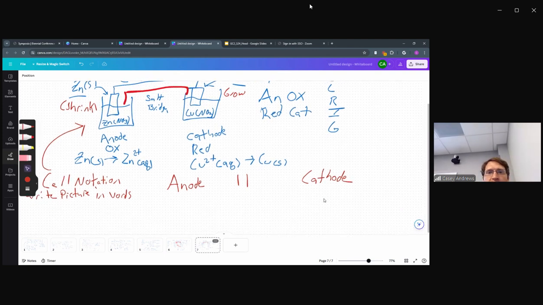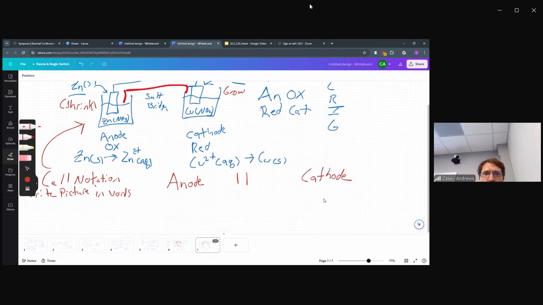So let me write this down based on our picture. We start with zinc solid. Our notation is zinc solid. And then you have a line. So this is your actual anode, the metal portion.